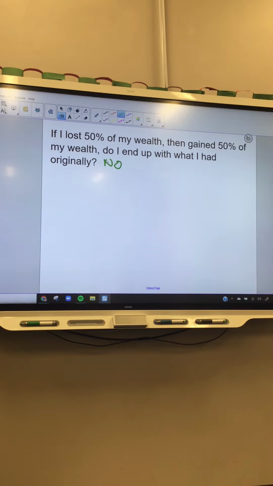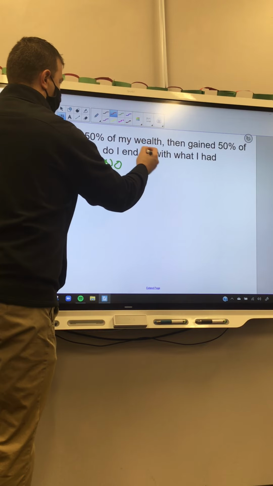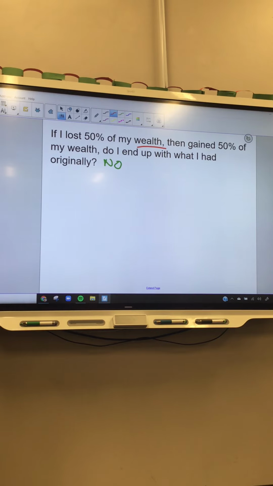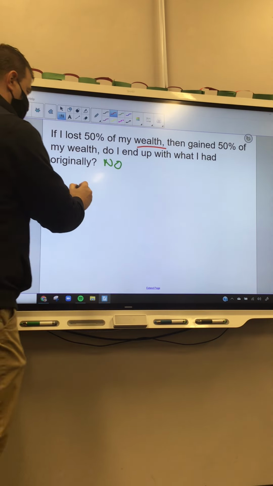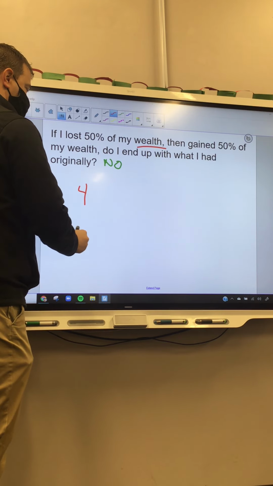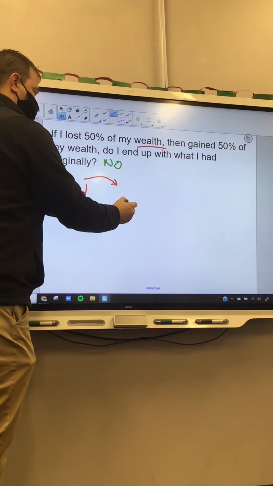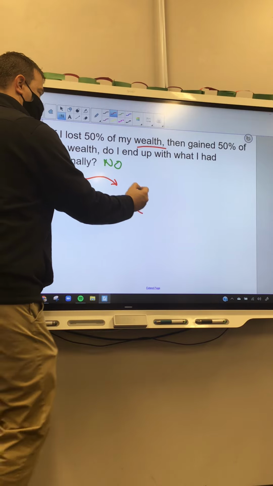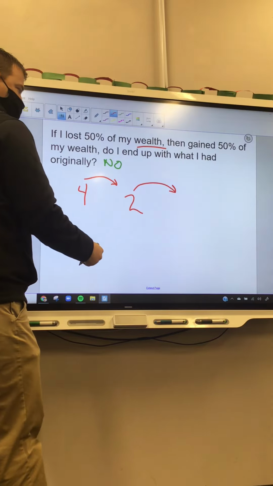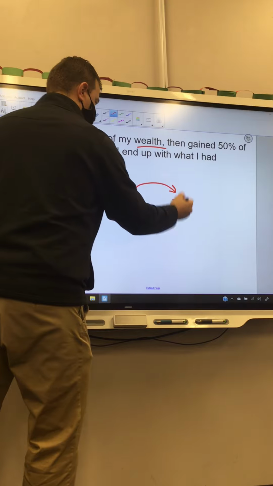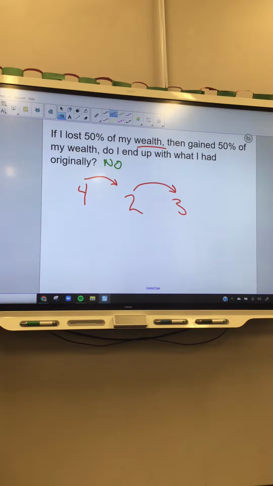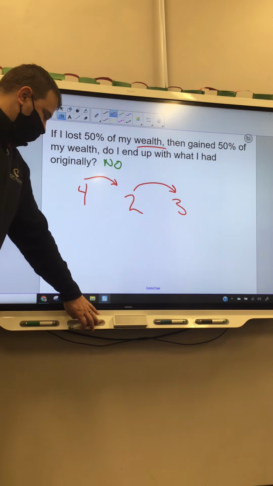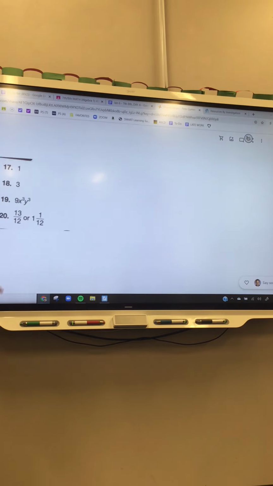Can you give me an example? Give me an example of what my wealth is. So an easy number to work with. $4. Okay, so if I start with $4, and you lose 50%, so you have $2 now. And now I gain 50% of that. You only gain 1, so now you only have $3. Correct. Make sense? That's how percentage change works.